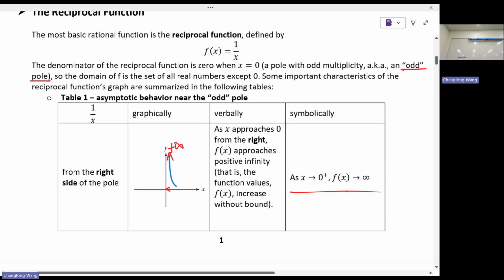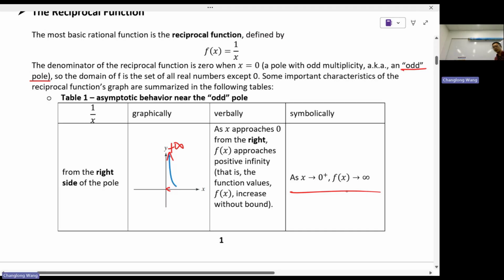It's not saying that 0 is a positive number, because 0 is not positive or negative, right? But that means x stays on the positive side of the 0. It means you're always taking the value of x to the right of the number 0. That means x, however small it is, will always be positive, say positive 0.0001.